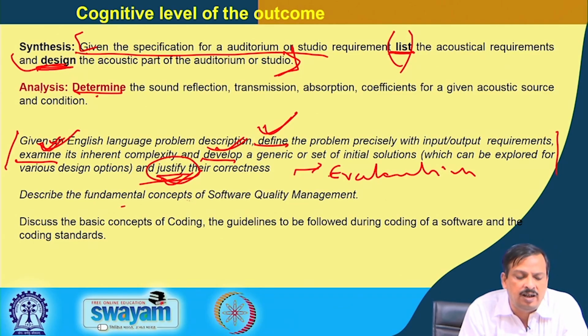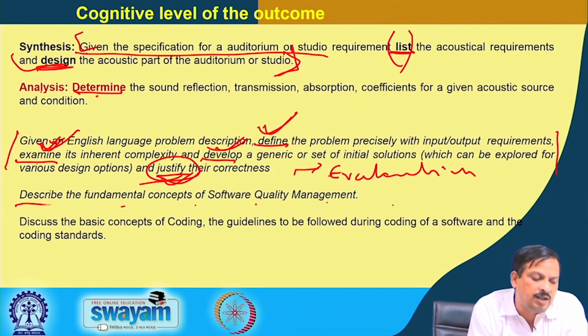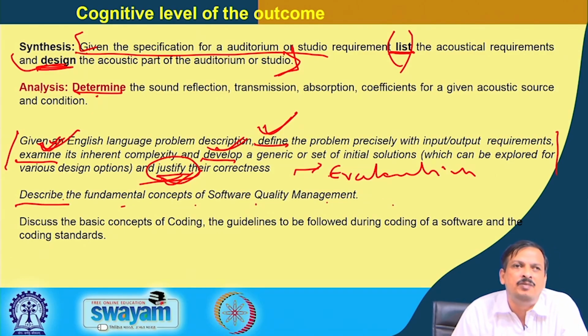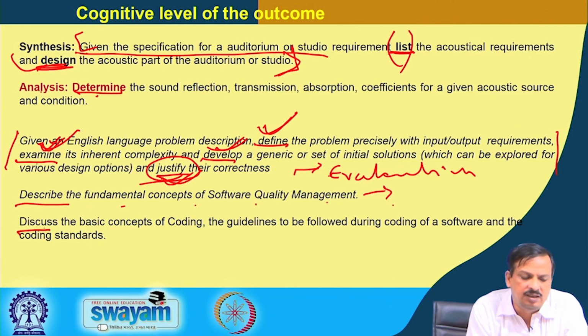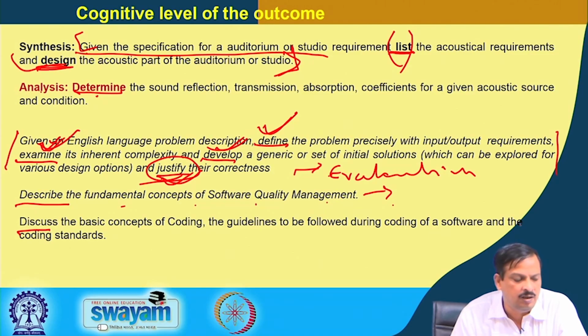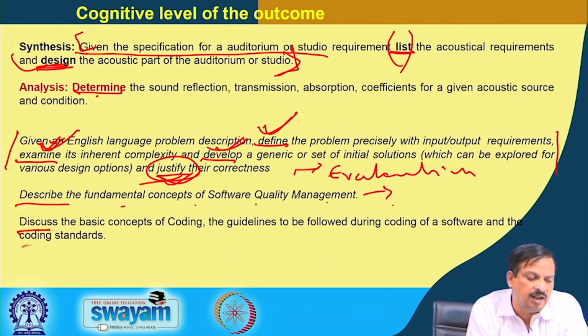Describe the fundamental concept of software quality measurement. So, the action verb is describe. Which level? Knowledge level. Discuss the basic concept of coding. Discuss guidelines to be followed during coding of software and the coding standard. So, discuss is comprehension level.